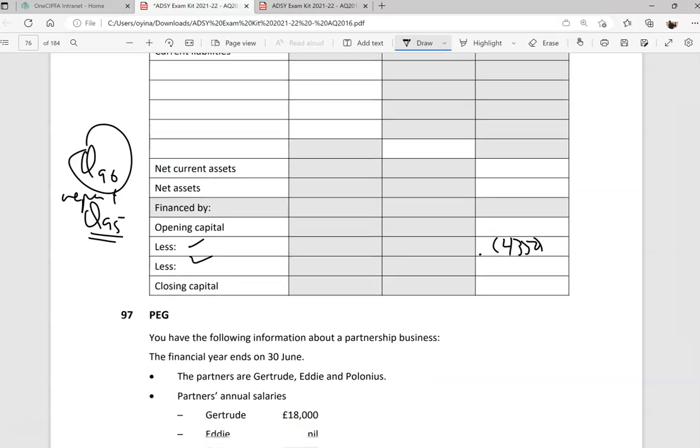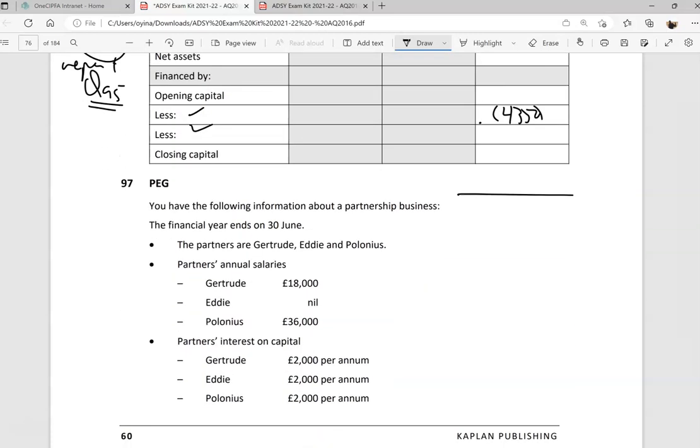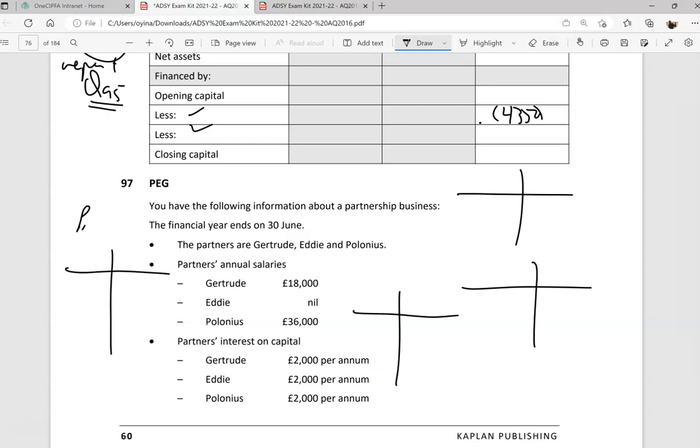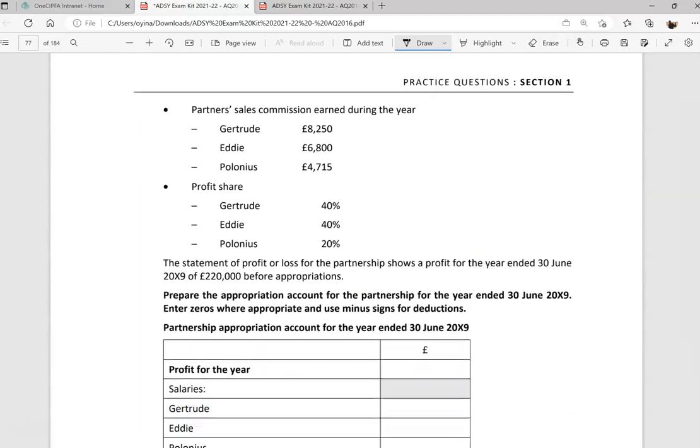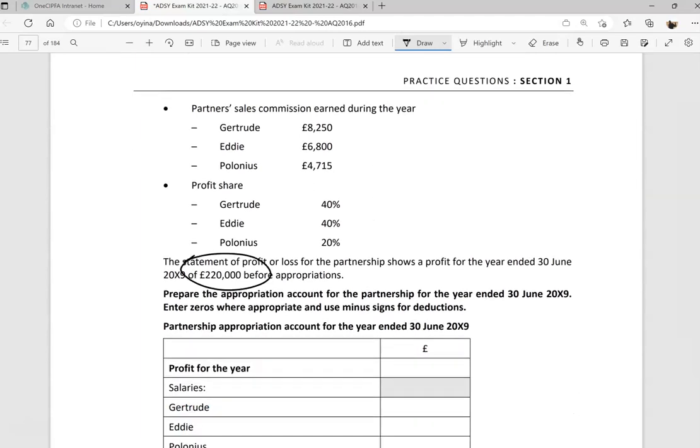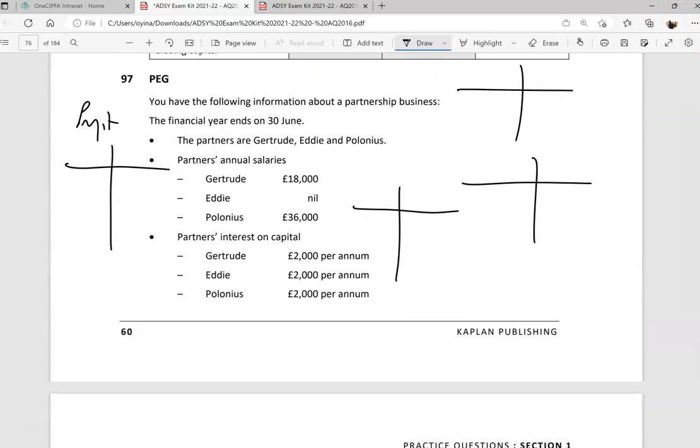So question 97, I'm going to use double entry because I still think this is the best way to think about this, so that you know where these figures are coming from. Your profit is, of course, a credit, because we add profit to capital, 220,000. It's a credit because of the difference between income, this is your income statement, right? I'm going to make this up.